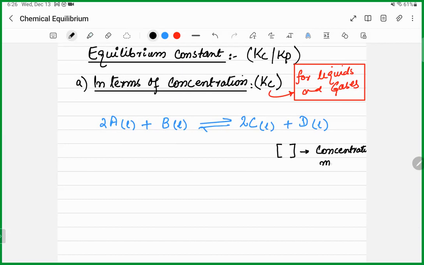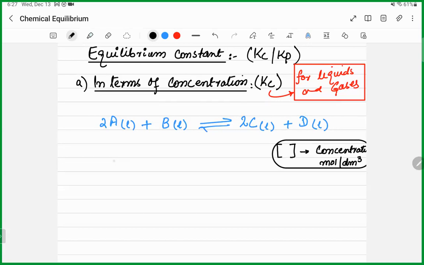And usually the concentration is measured in terms of mole per decimeter cube. Okay, the square bracket means concentration in mole per dm cube. So for Kc, we use a term of concentration.